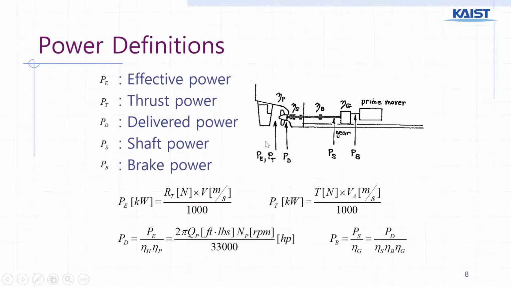So power definition: there is effective power, thrust power, delivered power, shaft power, brake power. There are so many different numbers there. Effective power is far behind, and it is used for propelling the ship or against the resistance of the ship.